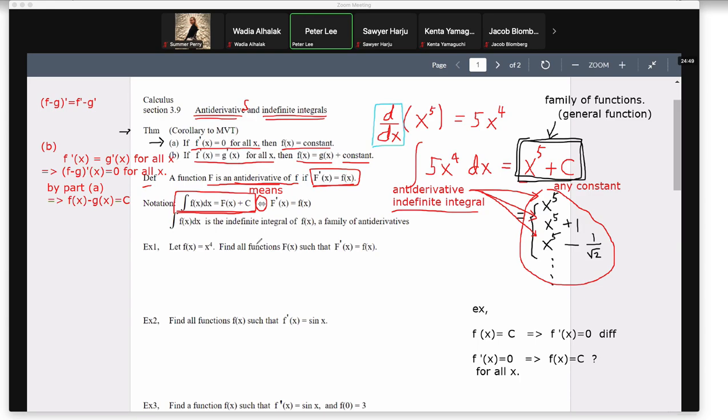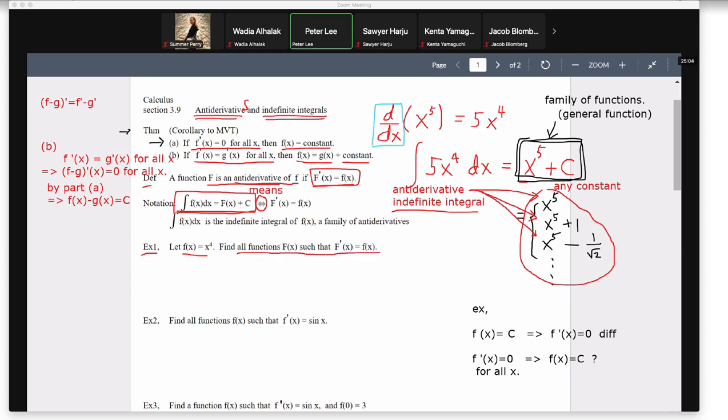Okay, so now let's get to example 1. Let f of x equal x to the 4th power. Find all functions capital F such that capital F prime is equal to small f.